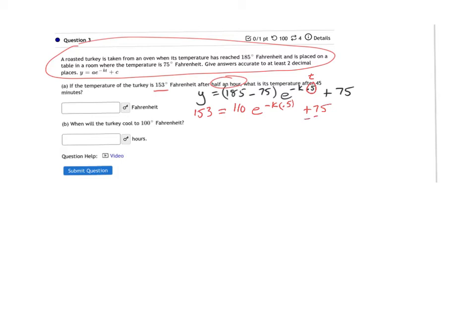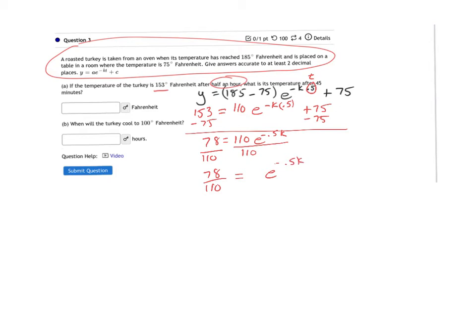I'm going to start by subtracting 75 from both sides, and that will give me 78 is equal to 110 e to the negative 0.5k. Then I divide by 110, and I end up with 78 over 110 is equal to e to the negative 0.5k.